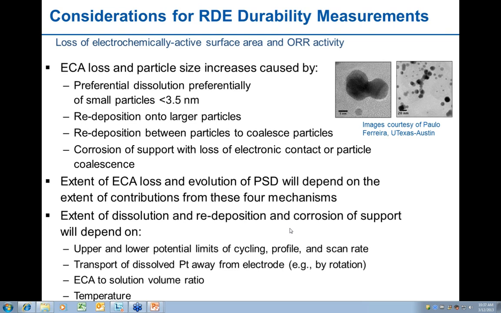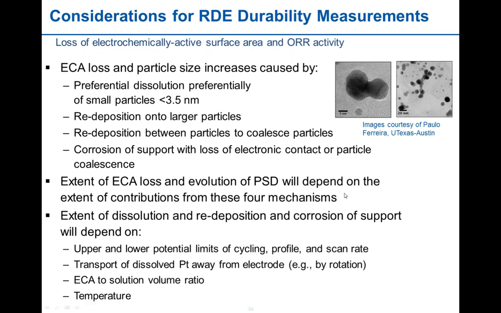And what this corrosion of specifically the carbon support does is causes loss of contact of the platinum nanoparticles with the support, loss of electronic contact, so those are no longer available for the electrochemical reactions. And also this corrosion of the support or erosion underneath the particles can cause the particles to coalesce, resulting in similar loss of ECA as what you see with platinum dissolution and redeposition.